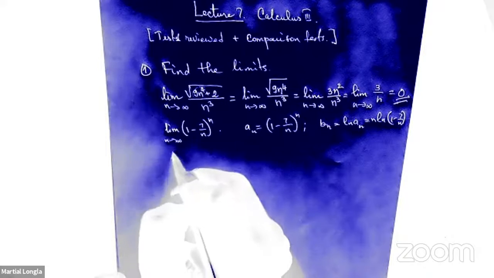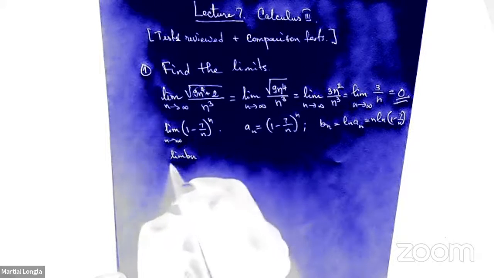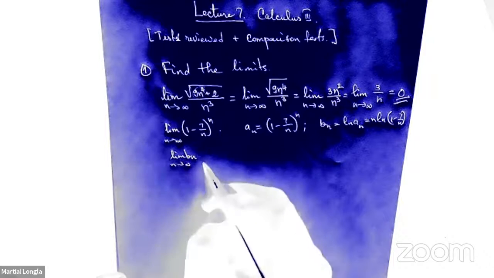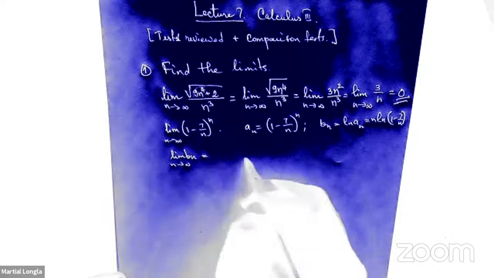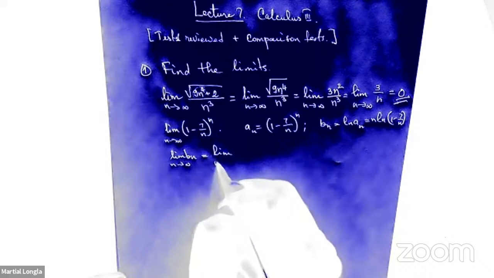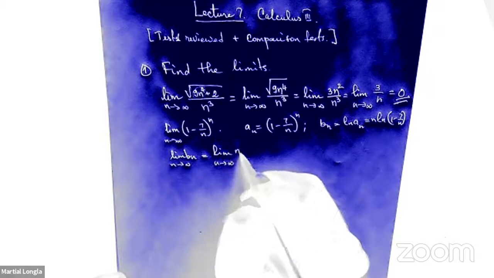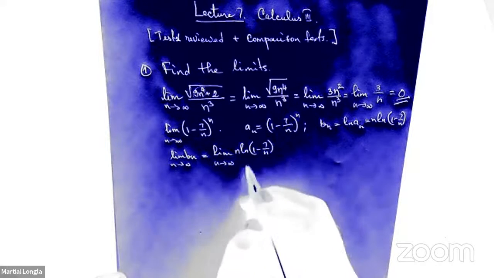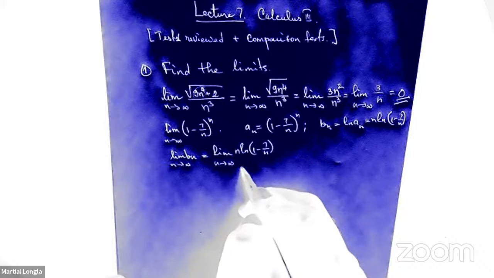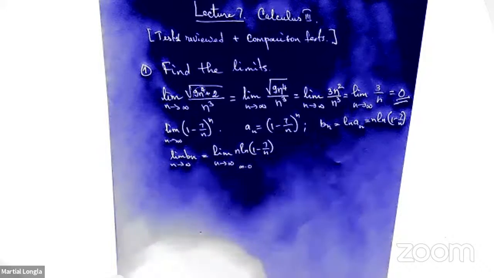Then you're going to take limit of bn as n goes to infinity, and limit of bn, when you try to do that, that's limit as n goes to infinity of n natural log of 1 minus 7 over n, which is something of the form infinity times 0.